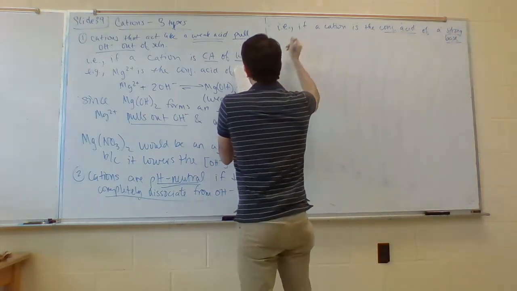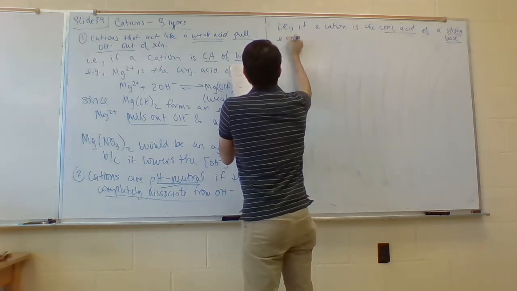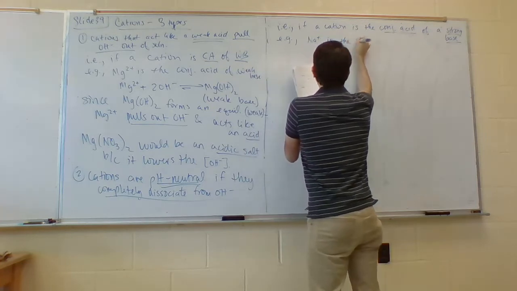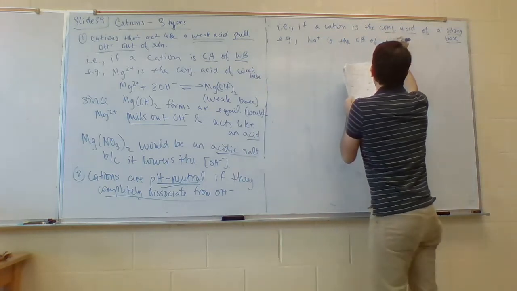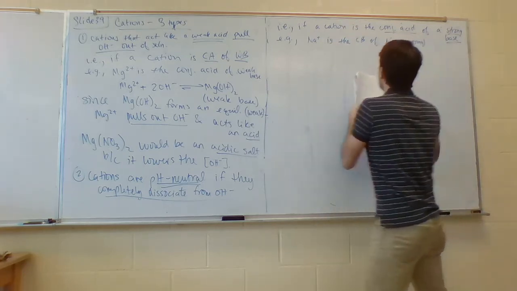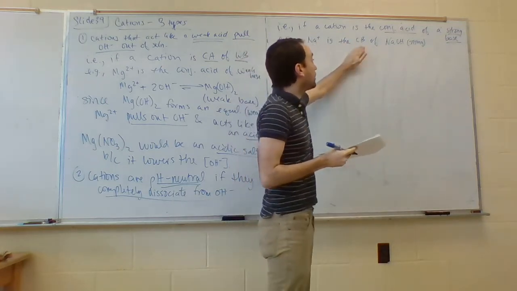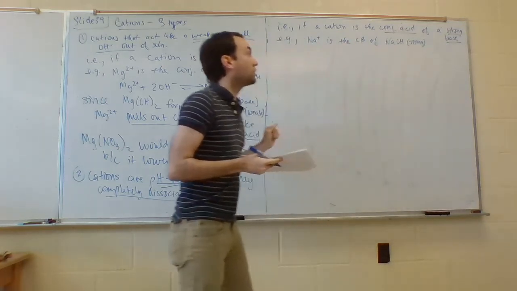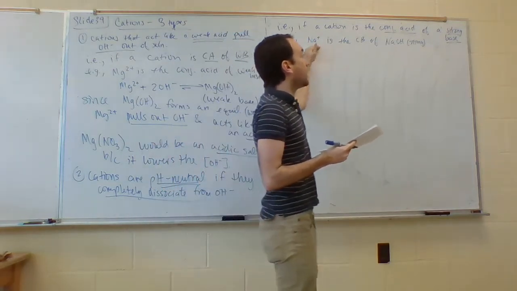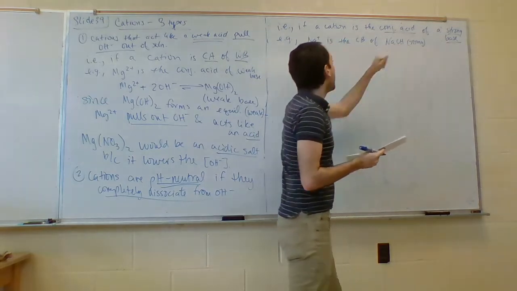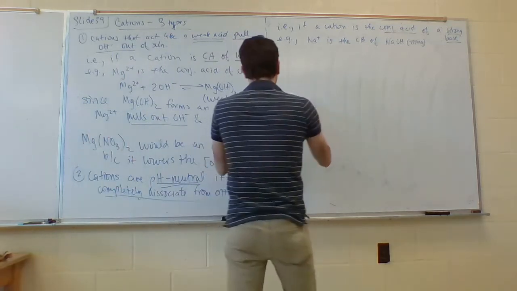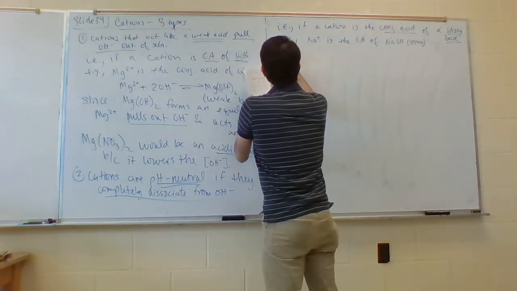So, for example, sodium plus is the conjugate acid of sodium hydroxide, which is a strong base. Since sodium plus is the conjugate acid of a strong base, that means that this will completely dissociate from OH in solution.